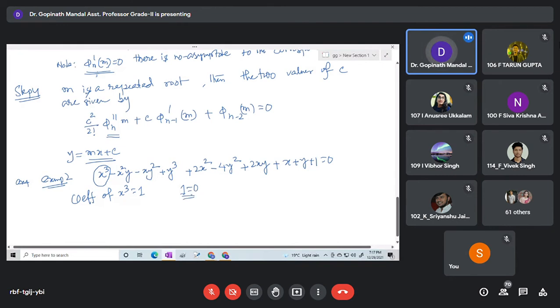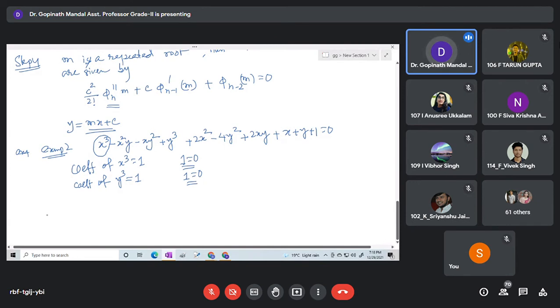So there is no asymptote parallel to x-axis. Similarly, the coefficient of y cube, the highest power of y, is equal to 1. In that case also 1 equal to 0, which is also absurd. So there is no asymptote parallel to y-axis.